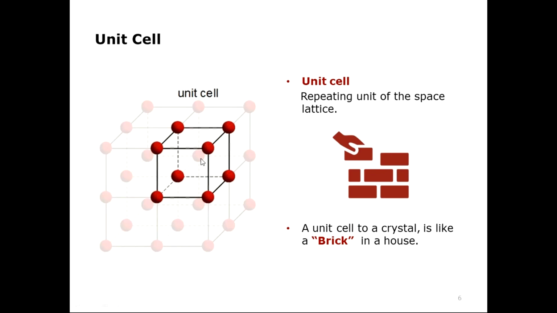So one unit cell combines with other unit cells. If you observe how a wall is created, one brick you may call a unit cell, and all these unit cells together will form a crystal.